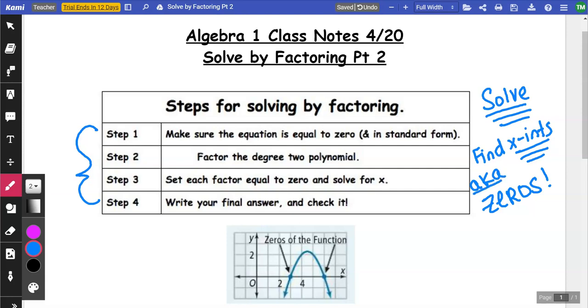X-intercepts are zeros because they make the function equal to 0, and they are on the x-axis, where y is 0. They are literally the x-intercepts of the graph. So the zeros and the x-intercepts are the same thing.